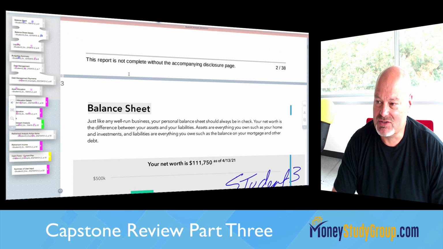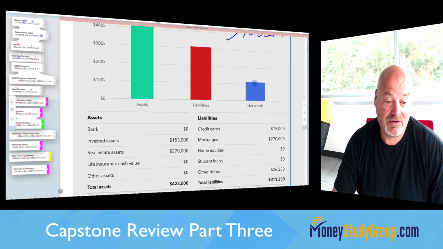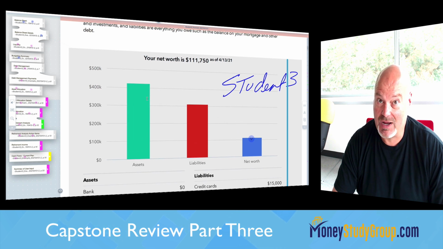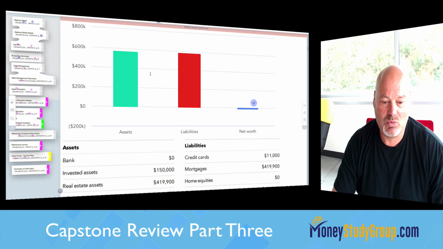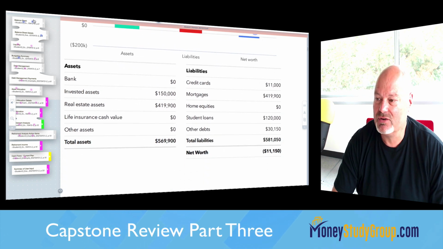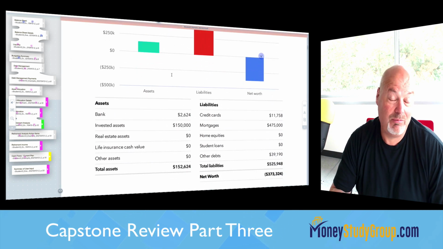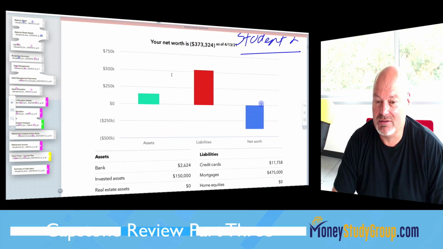So again, student 3 had a little bit of a $100,000 net worth, so their probability of success is very likely to be better. Student 1 had a small negative balance net worth, and then student 2 had a pretty big, a bigger negative net worth.